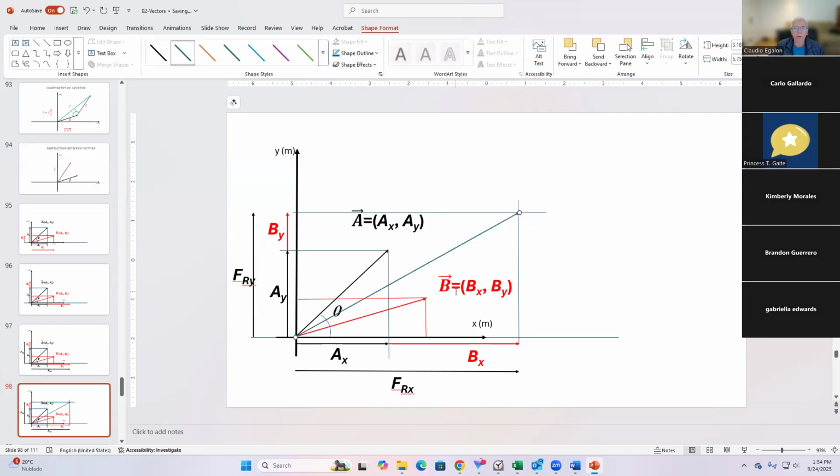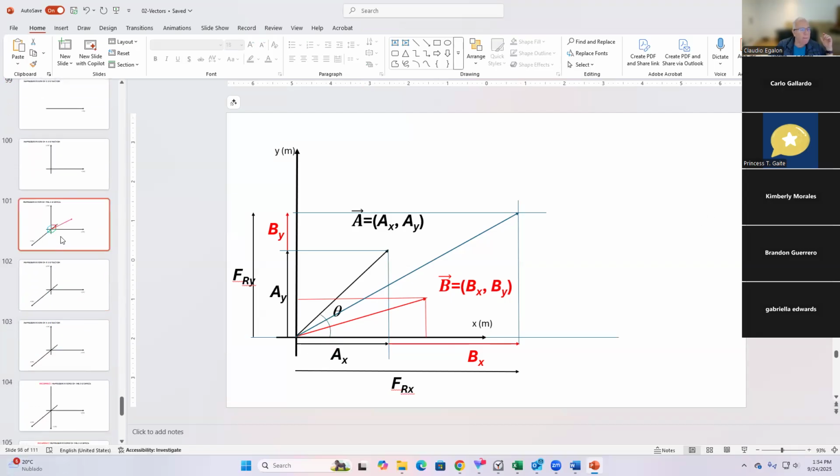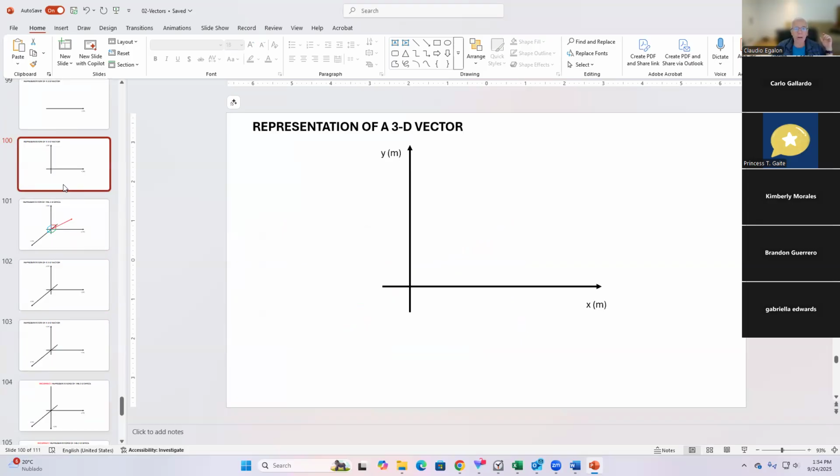That's going to be the resulting vector here. Okay, and that's going to have a different angle, right? It's not necessarily going to be the same angle as A or B, but most of the time it's going to be at a different angle.